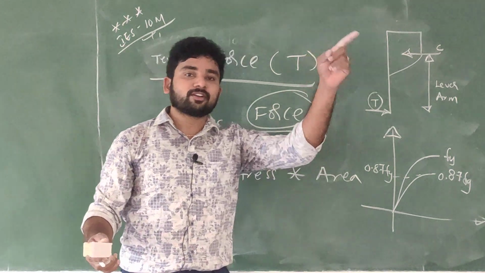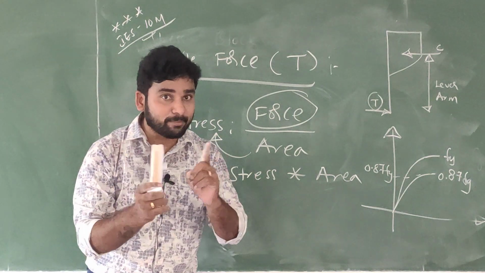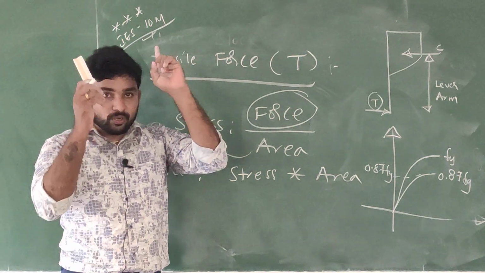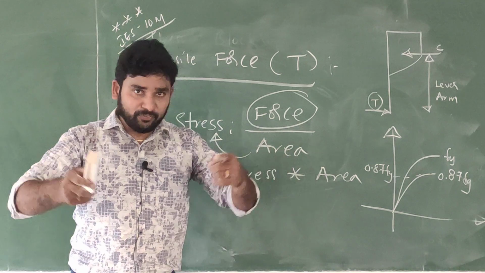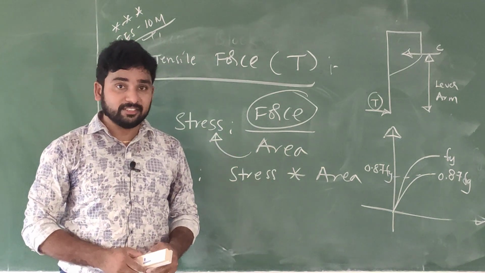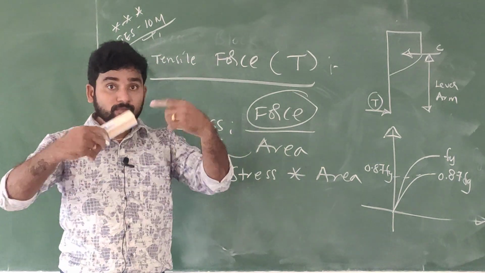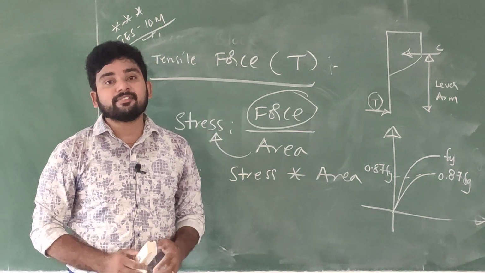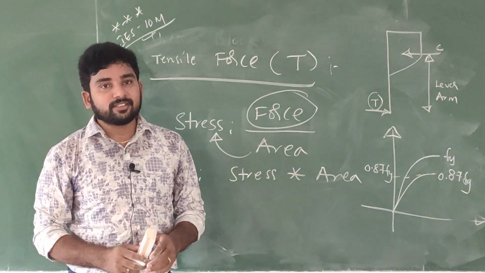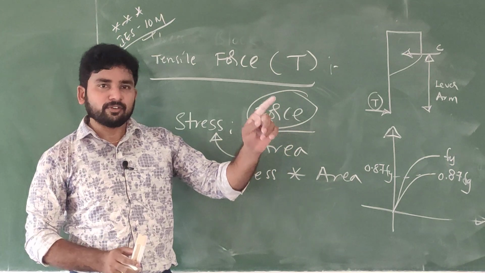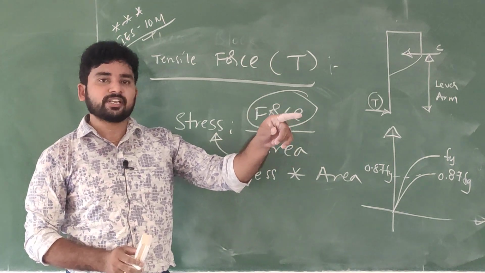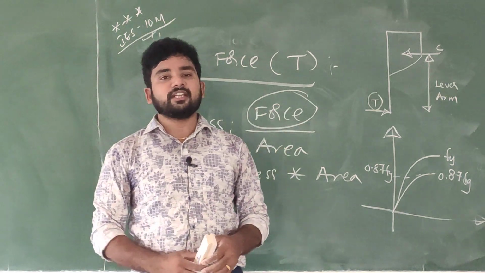Same example in the concrete that I applied. If you see the comparison, in concrete I am considering only 44.6% as strength, whereas in steel I am considering 87% as my strength. Why, sir? Why are you neglecting more strength in concrete compared to steel?